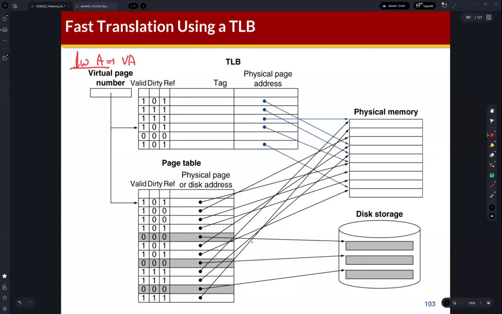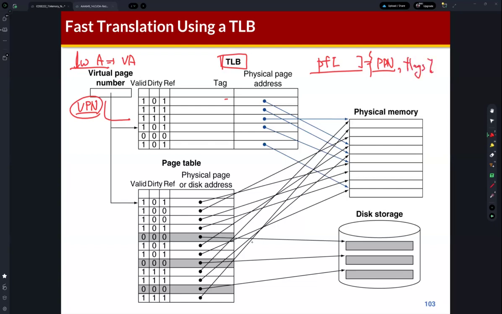Using the virtual page number, we first access the TLB. The TLB includes some page table information, which includes the physical page number and some flags.